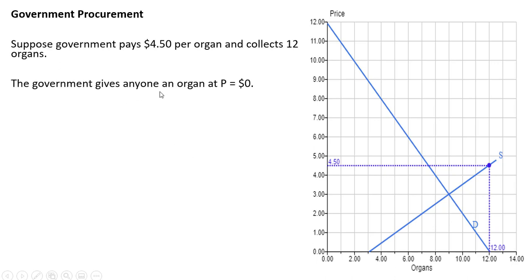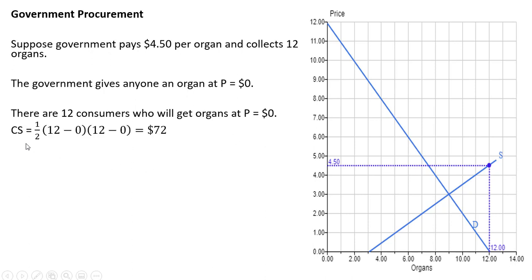The government then gives anyone an organ at a price of 0. How many people are going to want an organ at a price of 0? Well, we walk over to the demand curve when P is 0, and 12 people will want an organ if they don't have to pay for it. There are 12 consumers who will get organs at a price of 0.